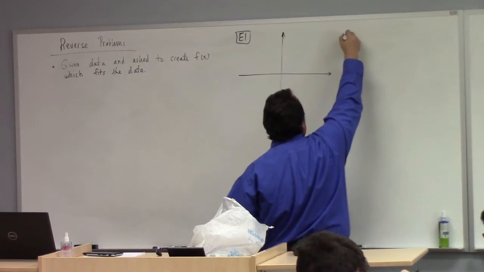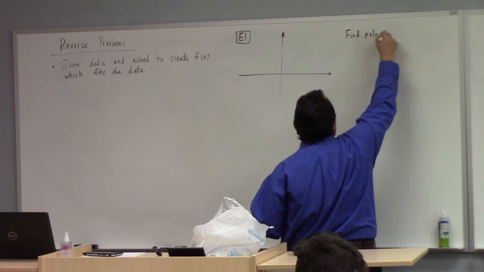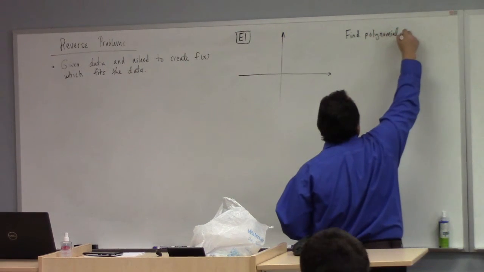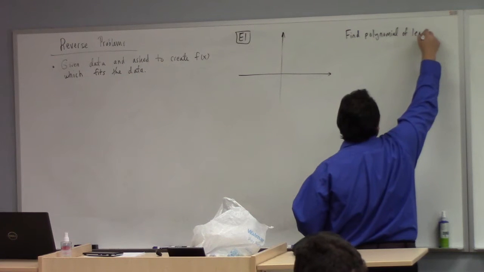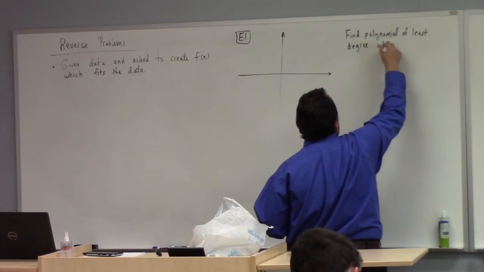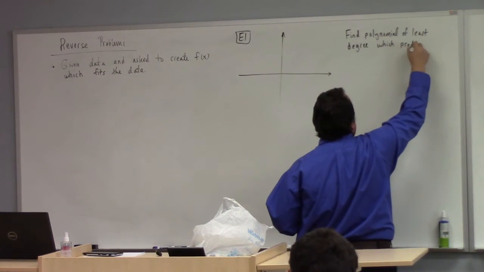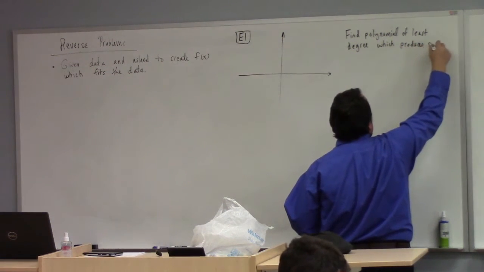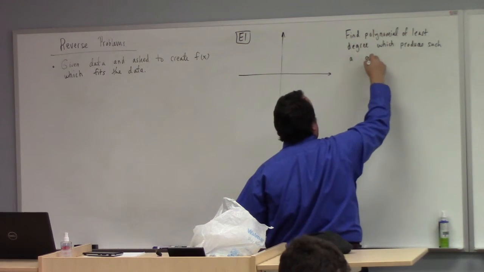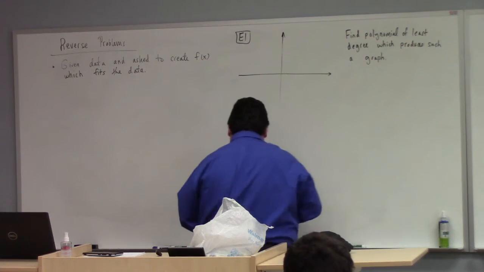Our question is to find a polynomial of least degree which produces such a graph.